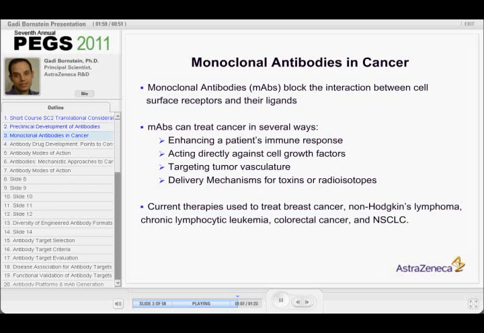And as you probably are all aware, there are a number of FDA-approved antibody drugs for the treatment of breast cancer, non-Hodgkin's lymphoma, chronic lymphocytic leukemia, colorectal cancer, and non-small cell lung cancer. And I'll get into some of the specific examples later on in my talk.